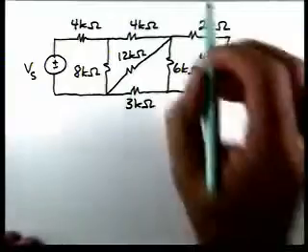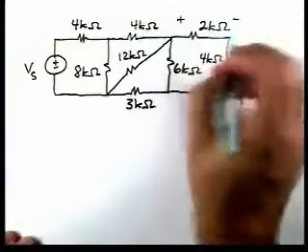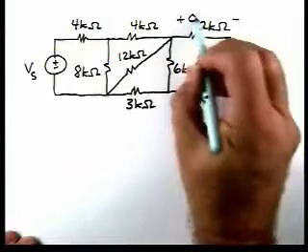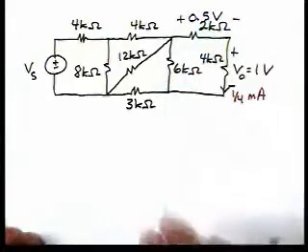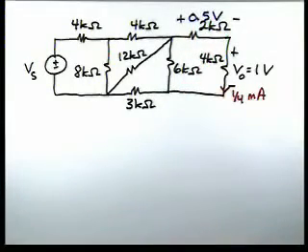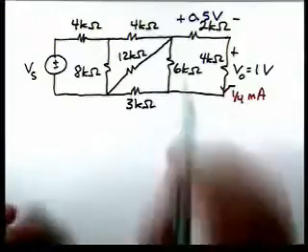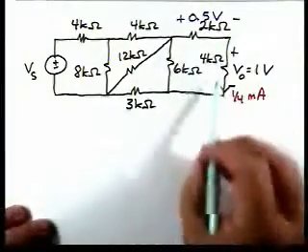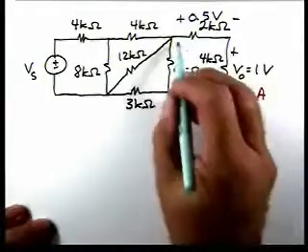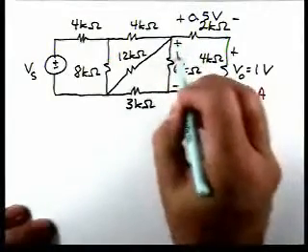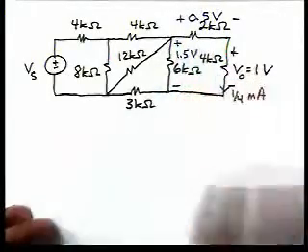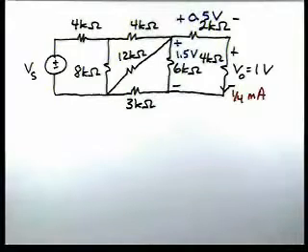Then that's the same current here, so that tells us that this voltage is 0.5 volts with that polarity, from Ohm's law. Now if we do KVL around this loop, that's going to tell us that the voltage across this resistor is 1.5 volts.